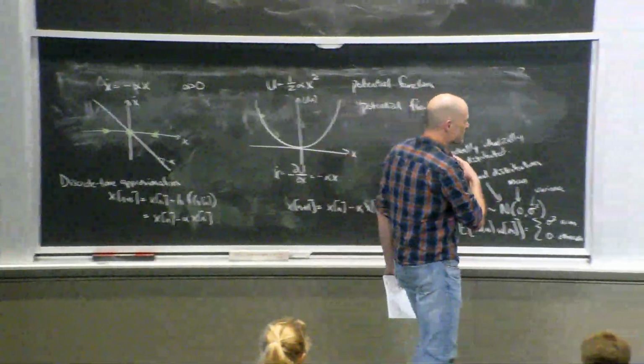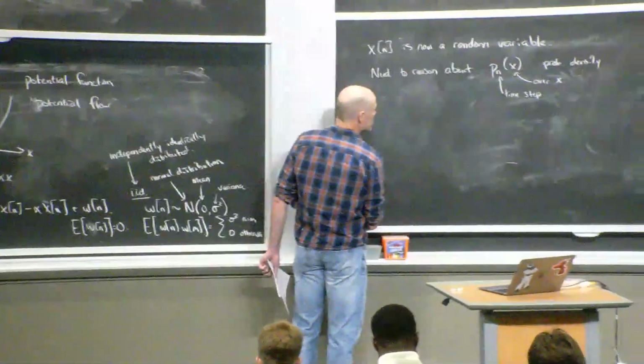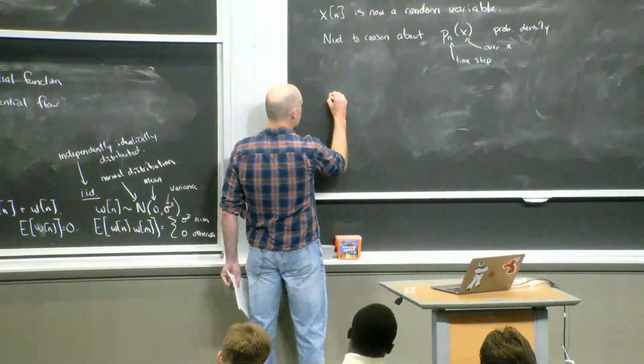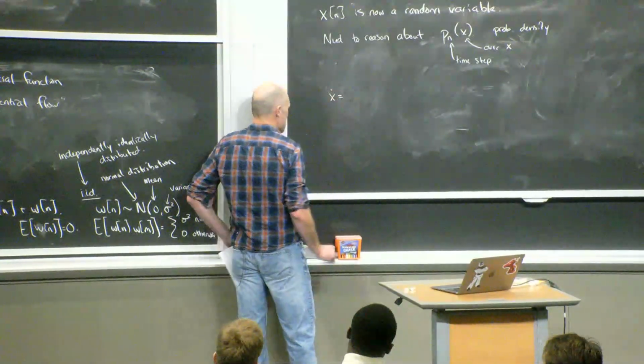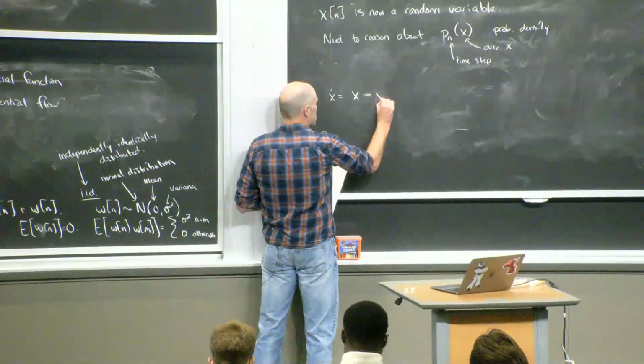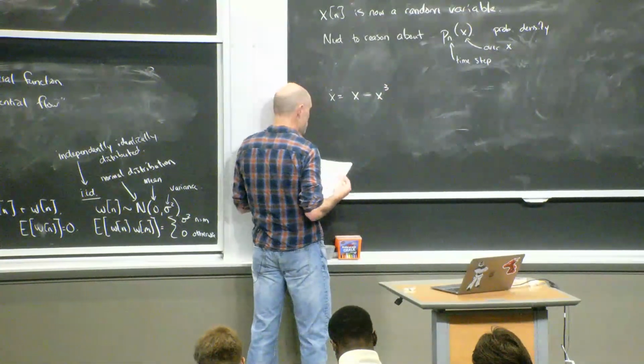So I'll make some animations here to make it clear. Let's do the slightly more interesting example. If I did my cubic polynomial that I love, I'll do this version of it: x minus x cubed.